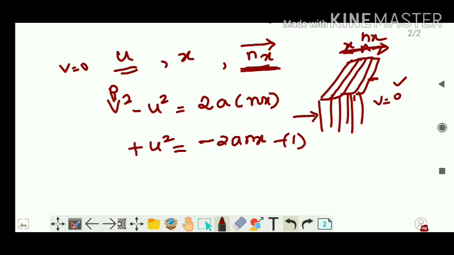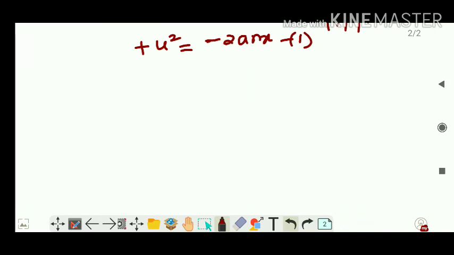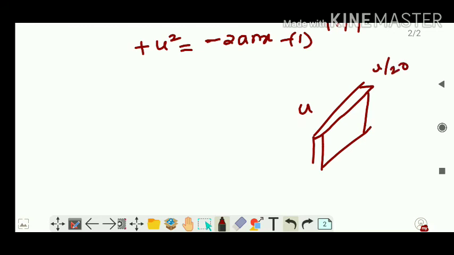Now I'm just going to consider a single plank. What happens when a bullet is traveling through a single plank? Initially the velocity was u, and once it travels through one plank, its velocity reduces by u by 20.